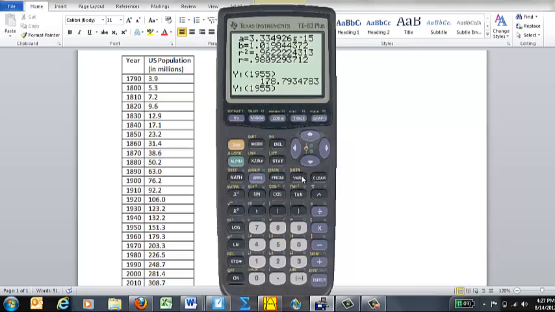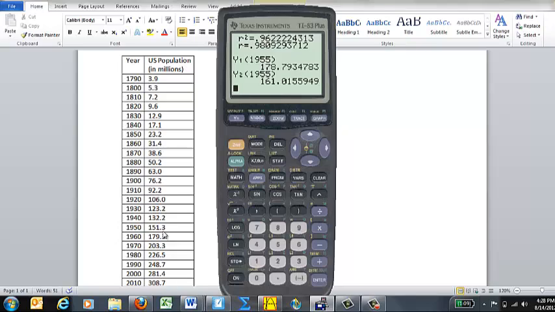I go back again, vars, Y-vars, and then instead of Y1 we want Y2, hit enter, and you can see that the exponential model predicts 161 million, which seems a little bit more reasonable.